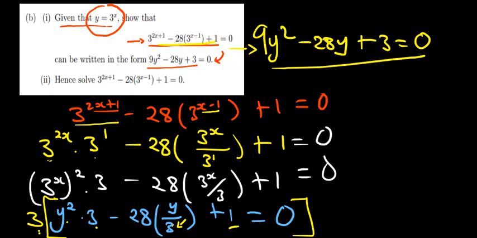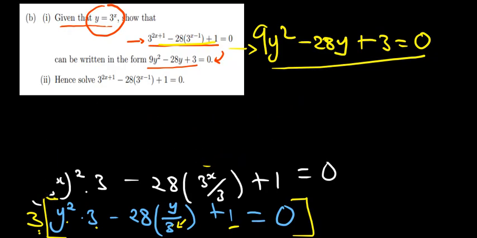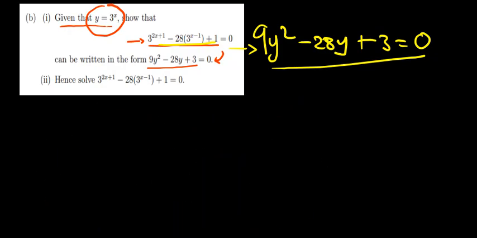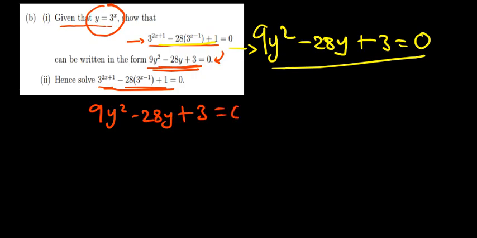Now the last question: hence solve 3 to the power 2x plus 1 minus 28 times 3 to the power x minus 1 plus 1 is equal to 0. We know that this can also be written as this. So to solve this, we have to solve the equation 9y squared minus 28y plus 3 is equal to 0.